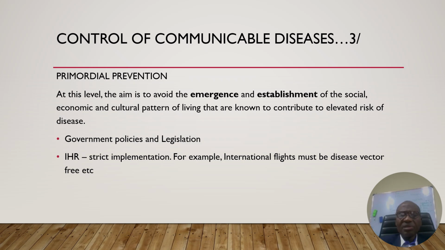For example, if international flights are vector free each time a flight crosses the border from one country to another, that will be a form of primary prevention. A country or region that is, for example, mosquito free, can have a vector introduced if a flight carries it from a country where these are common.